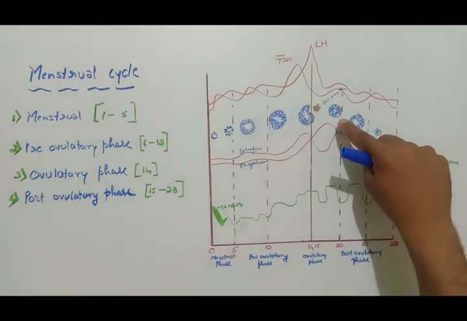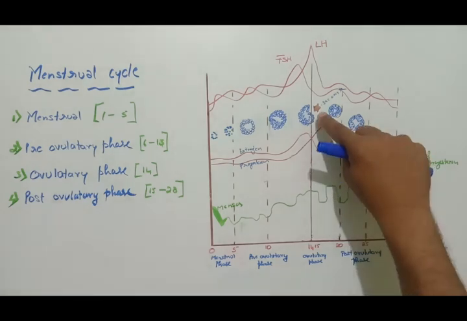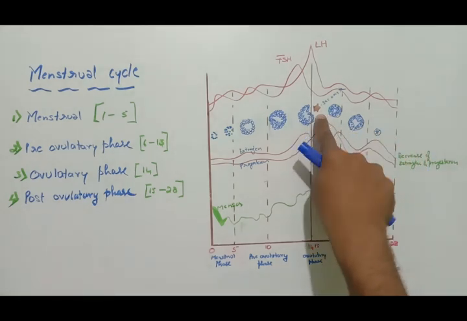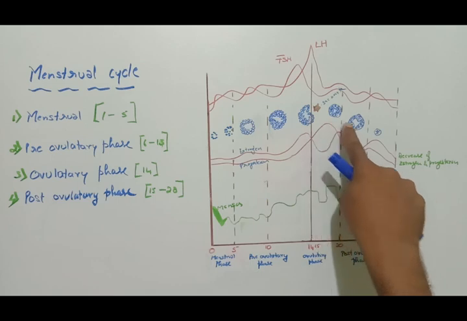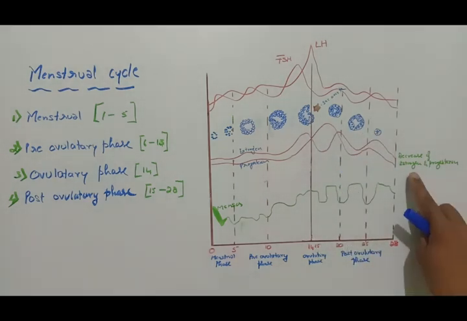If the egg is not fertilized, the corpus luteum degenerates into the corpus albicans, and finally degenerates out. That decreases the estrogen and progesterone, and that begins the next cycle, which is nothing but the menstrual phase.